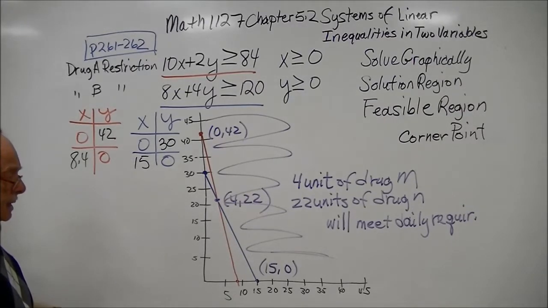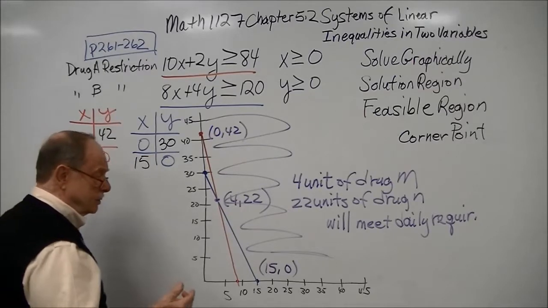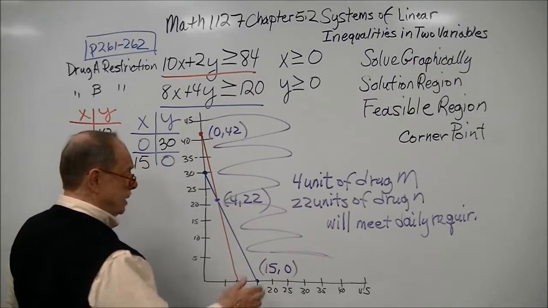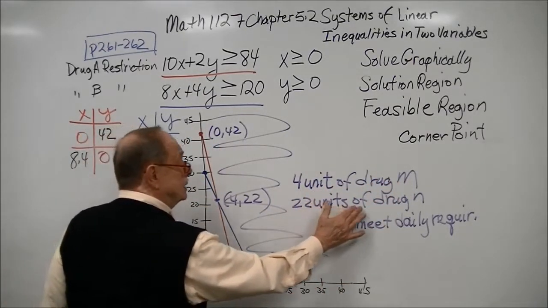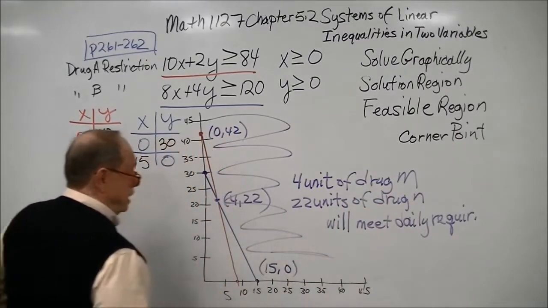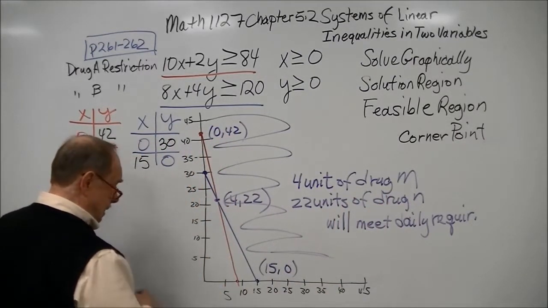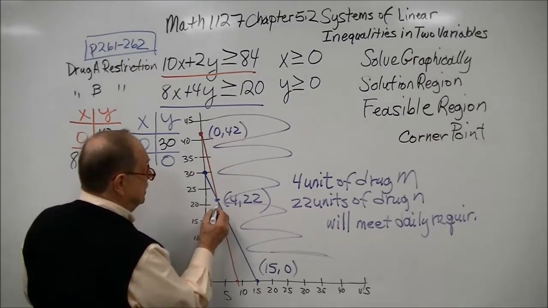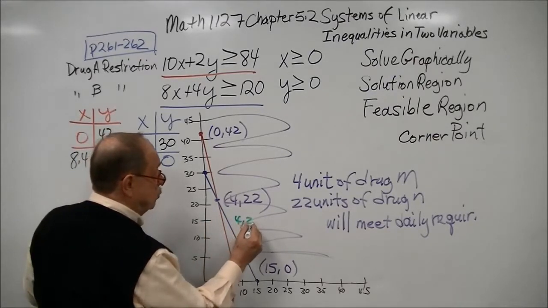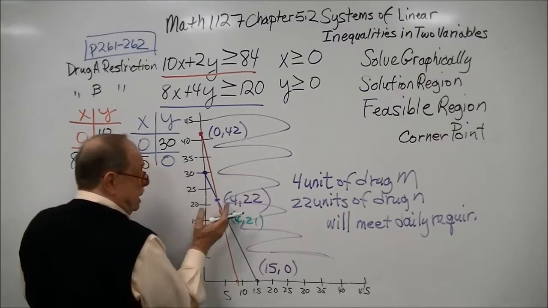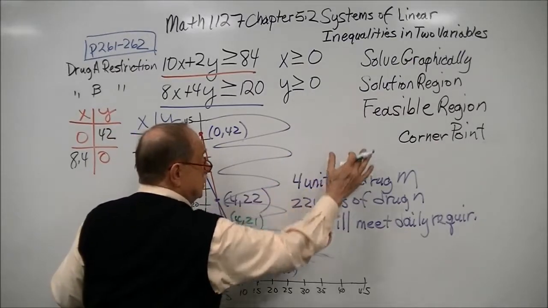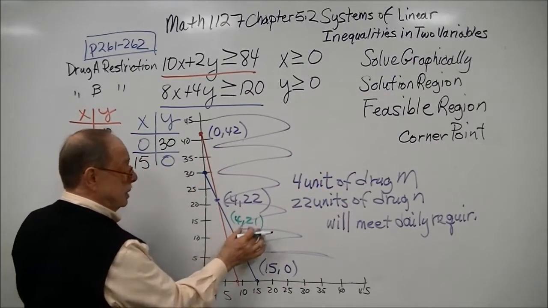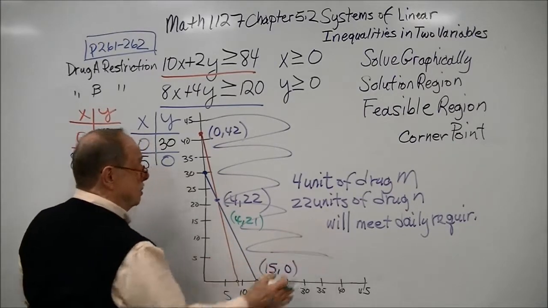If you look into the details of the problem, they're saying in order to meet the daily requirements of this drug, you would need 4 units of drug M and 22 units of drug N. Now, the book is suggesting that if you had, let's say, something over here, say 21, which would be on this side of our solution region or feasible region, that would not meet the daily requirements.